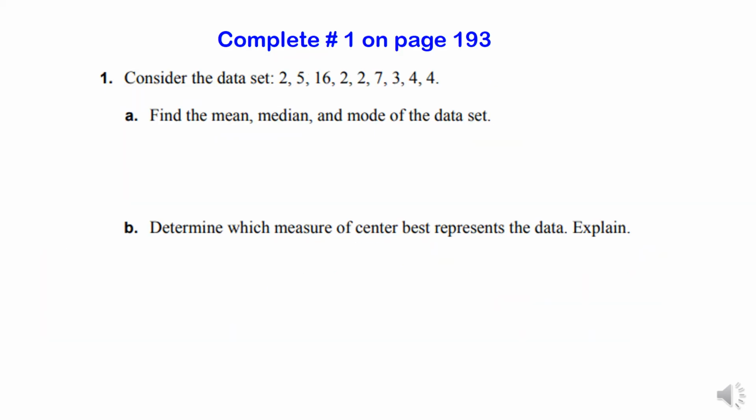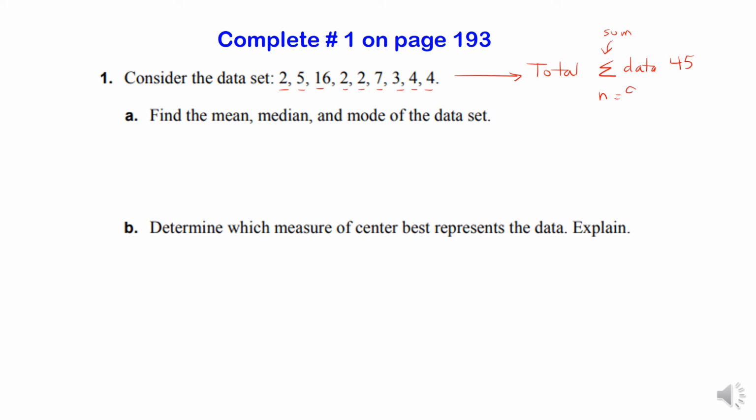Okay, so I want you guys to do number 1 on page 193, and I'm going to give you the total number, which is the sum. This is the sum of the data. That means sum. Okay, so if I add those all up, it's 45. N is the number of data, so there's 1, 2, 3, 4, 5, 6, 7, 8, 9.